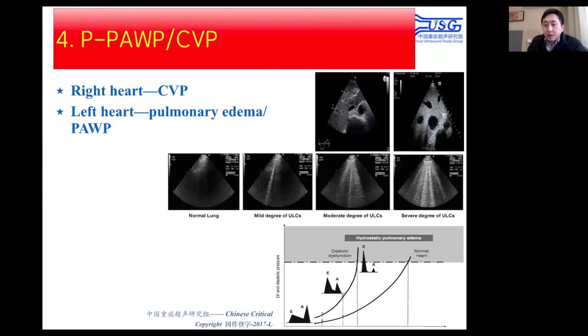Then we recheck if the patient needs more fluid and how we administer the fluid.